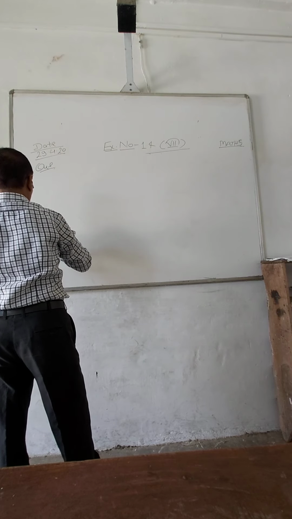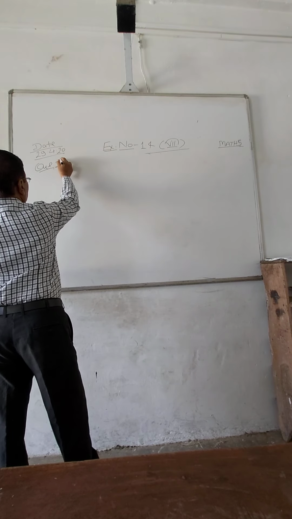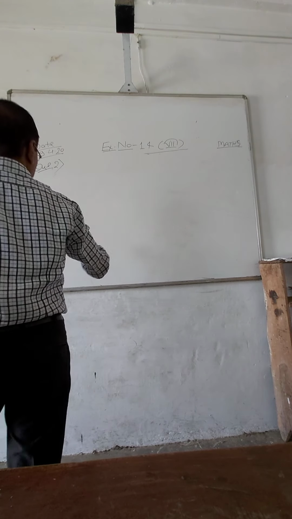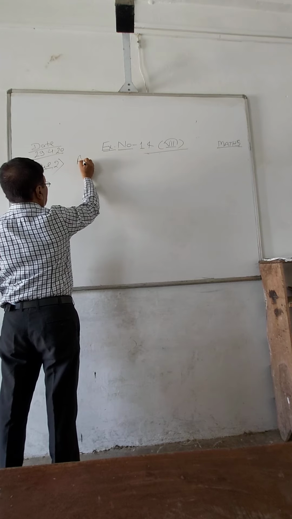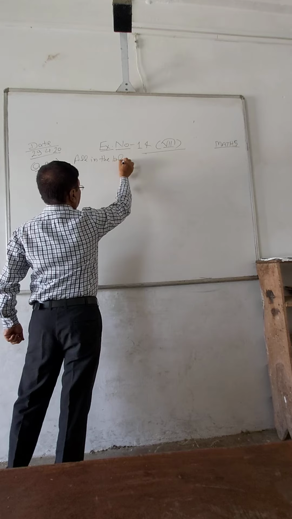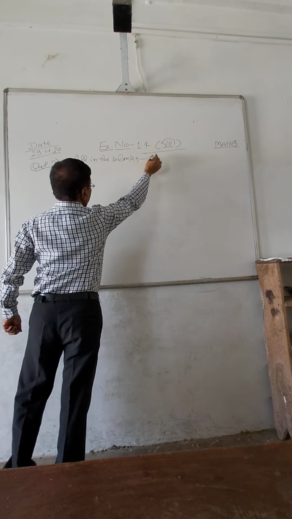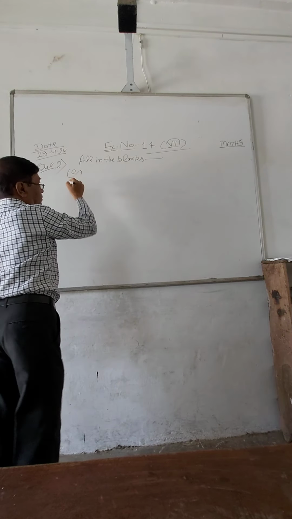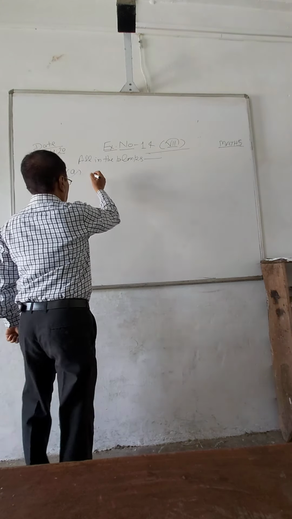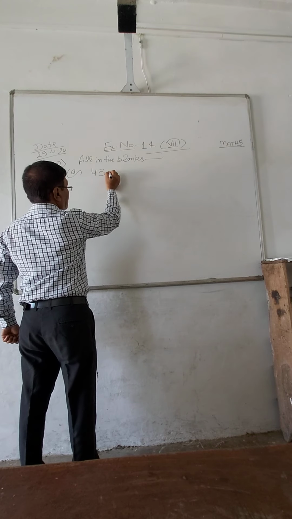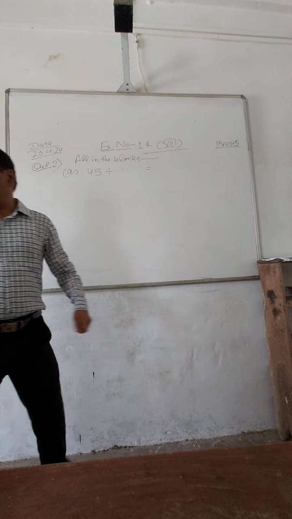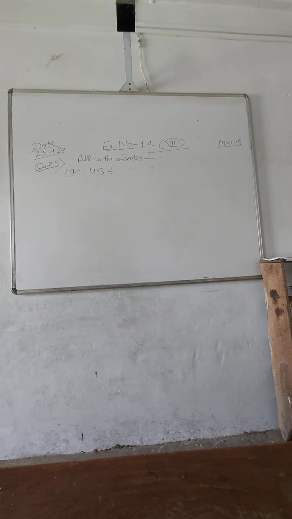Question number 2, part A: 45 divided by dot dot dot is equal to minus 5.